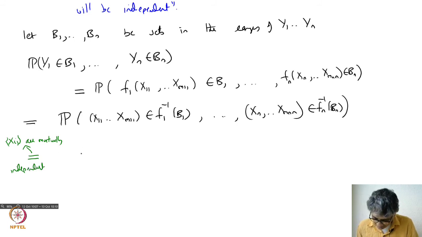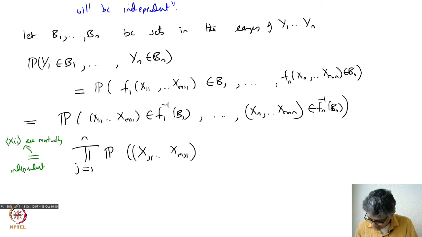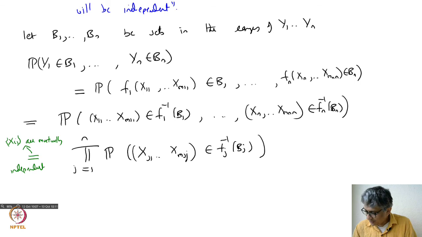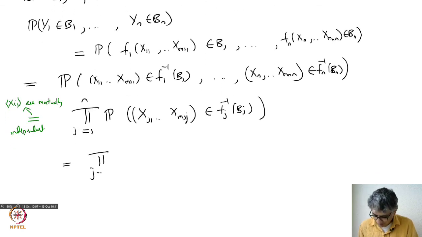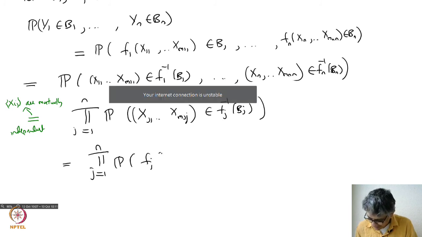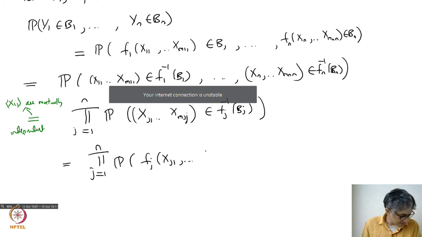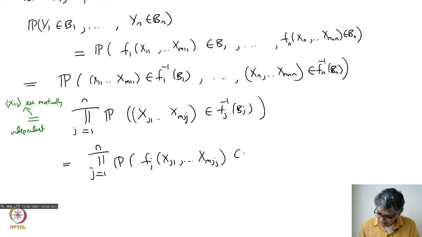So this becomes a product over j equal to 1 to n of the probability that X_1j through X_{m_j j} is in f_j inverse of B_j. Now you just backtrack a little bit: this is the same as the product over j equal to 1 to n of the probability that f_j of X_1j through X_{m_j j} is in B_j.